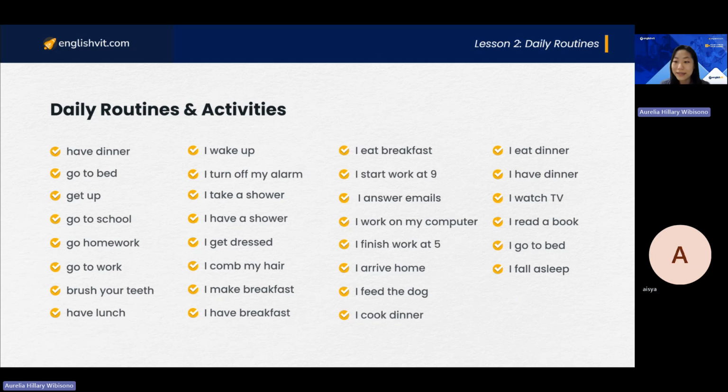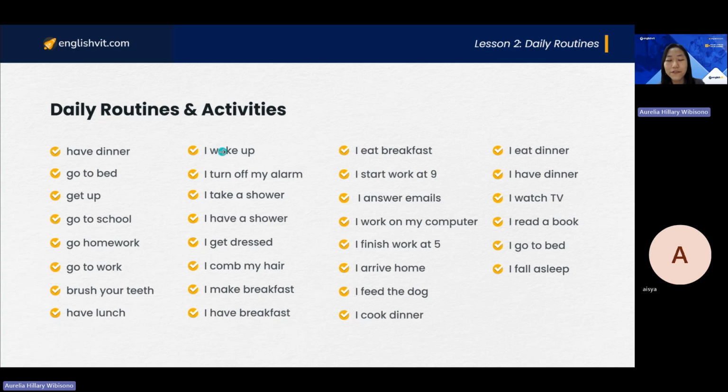So get up means that you get up from your sleep and then you stand with your feet. But you can also use get up for going from a sitting position to a standing position. You ask someone to get up like that. So that means from sitting to standing, not always sleeping.